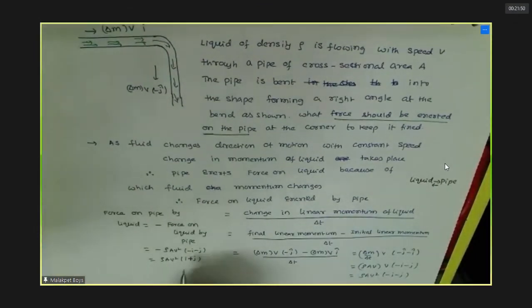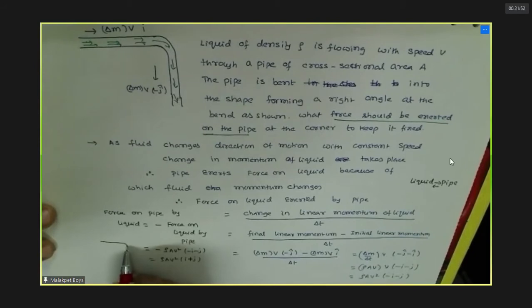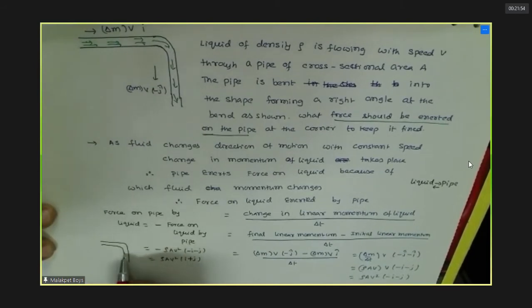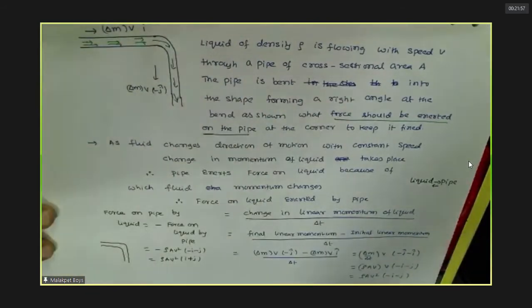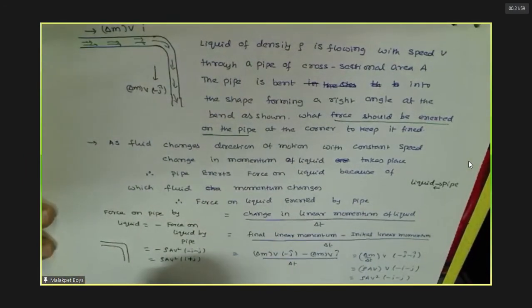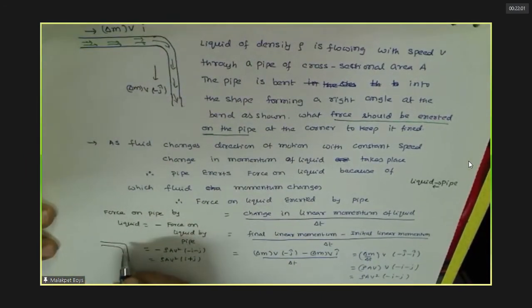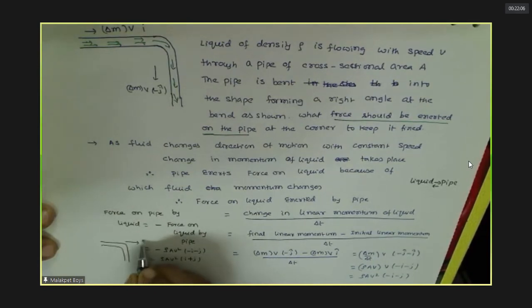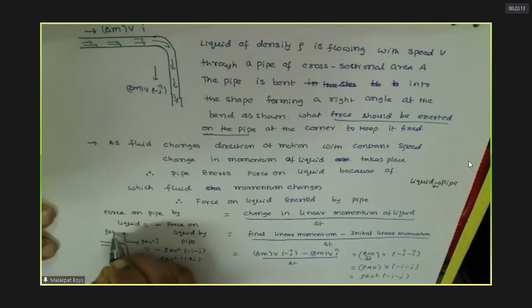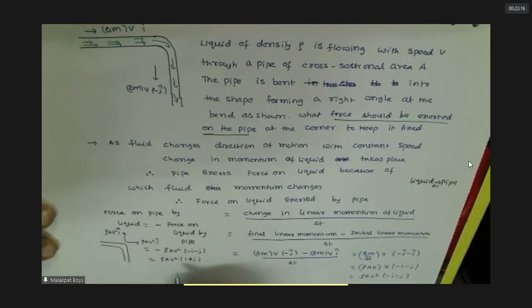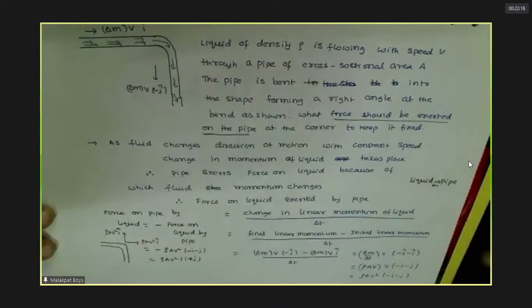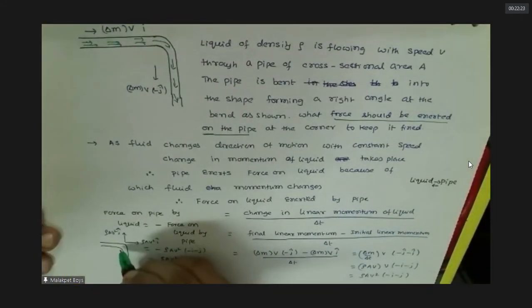Now you can see what is the direction of this force. If you observe carefully, the force has two things: one along i cap, the other along minus j cap, with magnitude rho A v square. So what should be the net force? It should be in the diagonal direction.